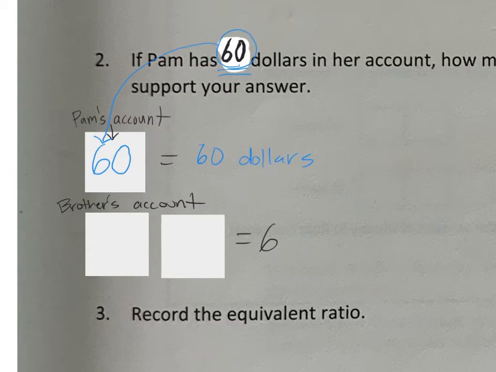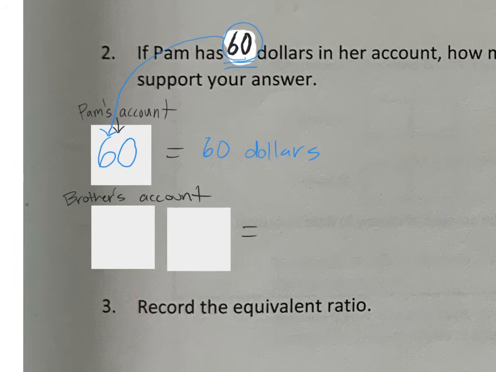And then we know that Pam's brother's is no longer going to be 6, because Pam's brother's account is always going to have more money in it than Pam's account.